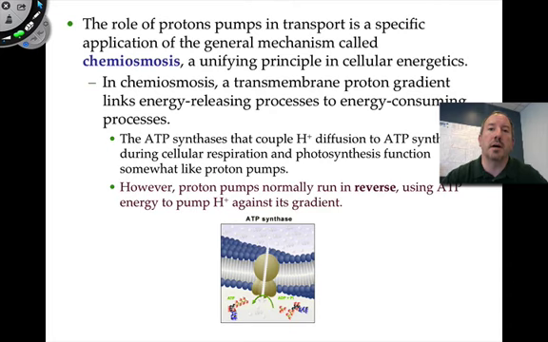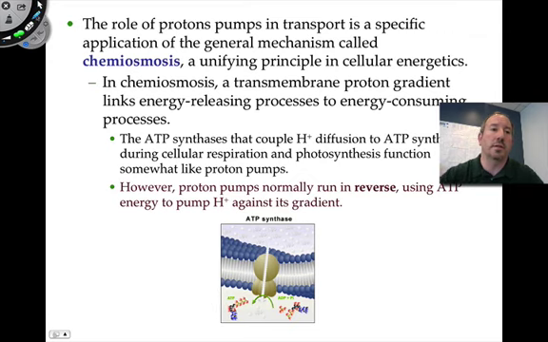What I've been talking about is the use of ATP to make an electrochemical gradient. Now it's just the opposite. The energy has got to come from somewhere, and as you recall, in the mitochondria, the energy comes from the oxidation of the food that we eat, and that creates redox reactions, which creates an electrochemical gradient.